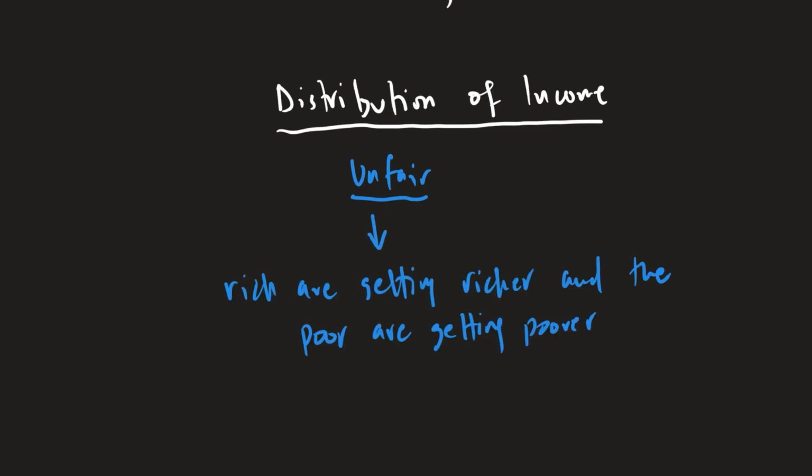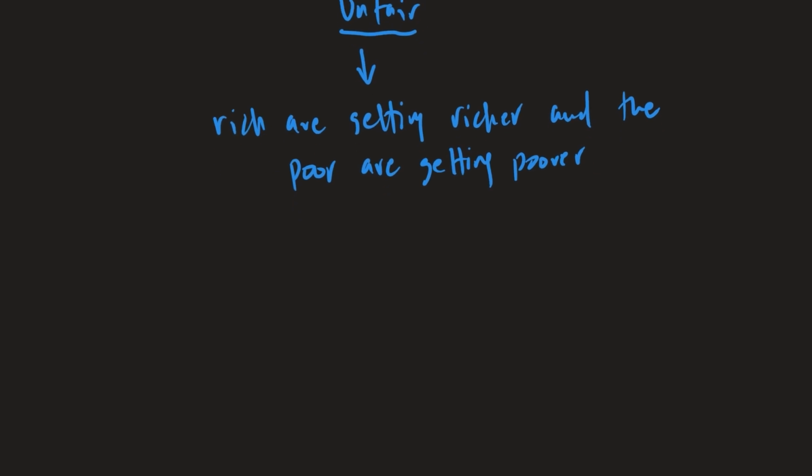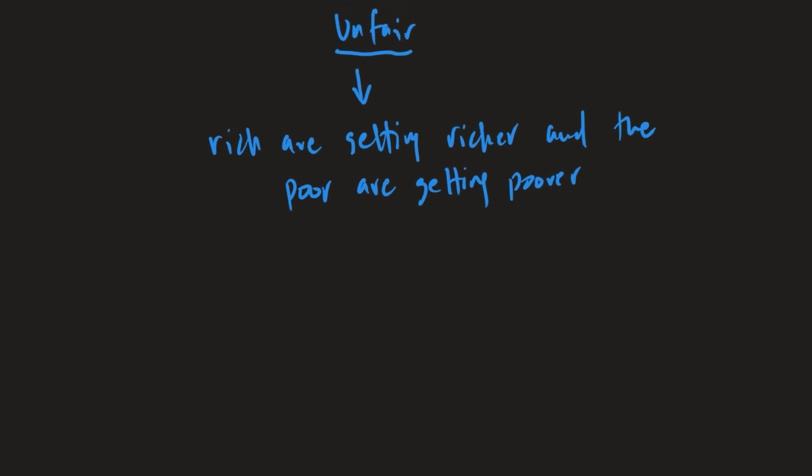This would mean that when the rich are getting richer, you will see the demand for some goods go up. So, what kinds of goods will benefit? And the answer is luxury goods. Luxury goods are those goods which only the rich consume. You will see a demand to go up.